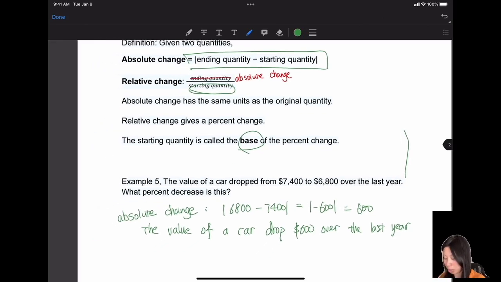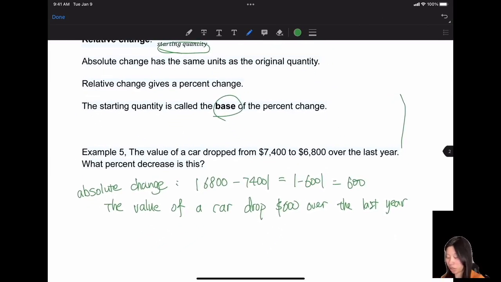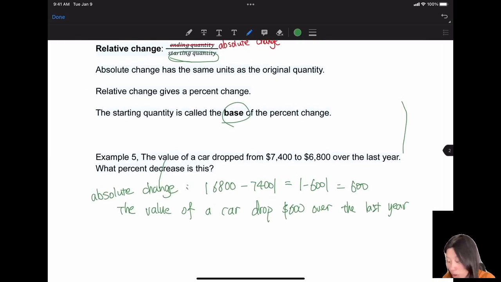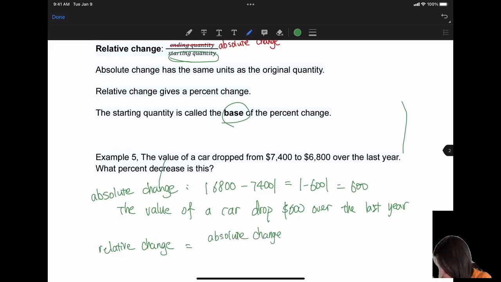So what would be the percentage change, percent decrease in this case? Think about it. You can pause the video and try to see if you can calculate that. Again, since we're computing the percent decrease relative to the starting value, by our formula, the relative change equals the absolute change over the starting value.